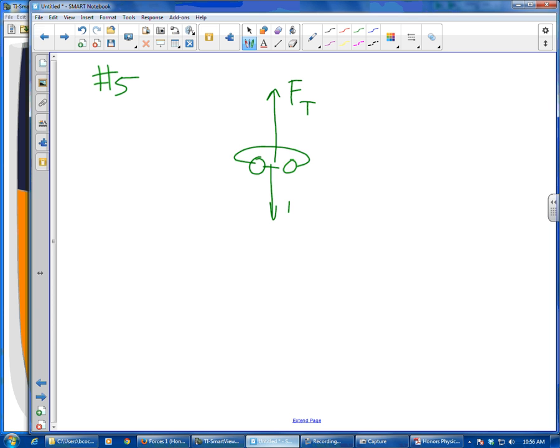It would have its weight, force due to gravity, downwards, and I know it's accelerating upwards. You guys okay with calling up positive?